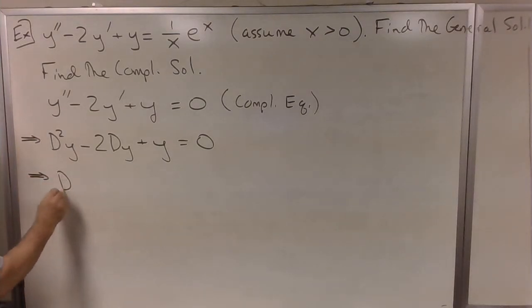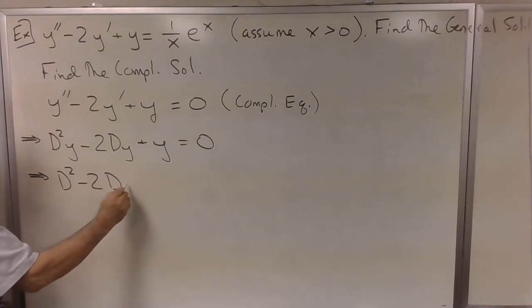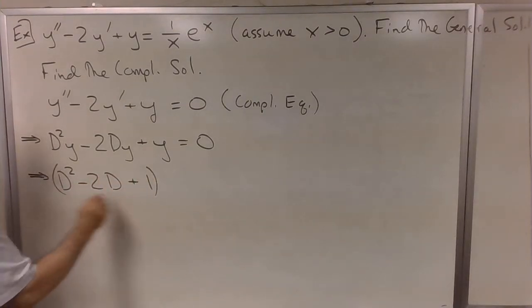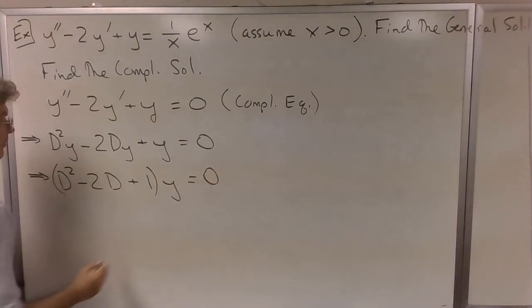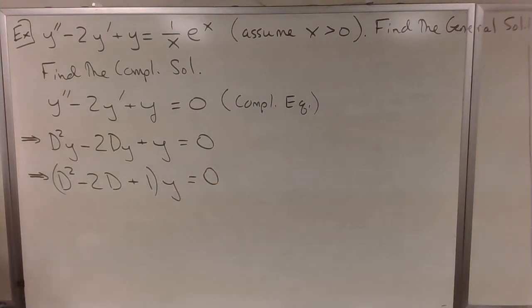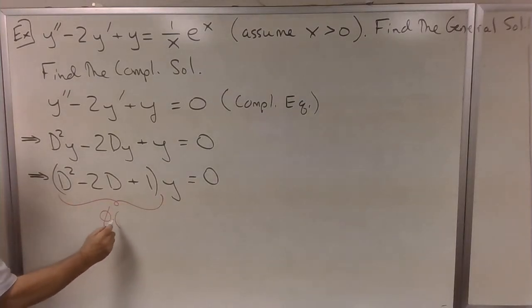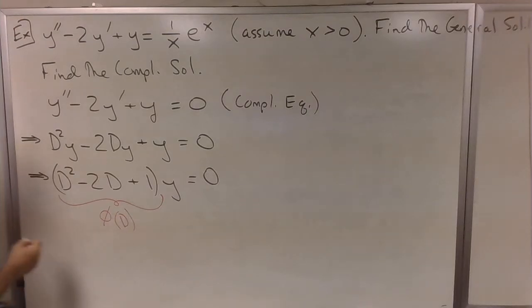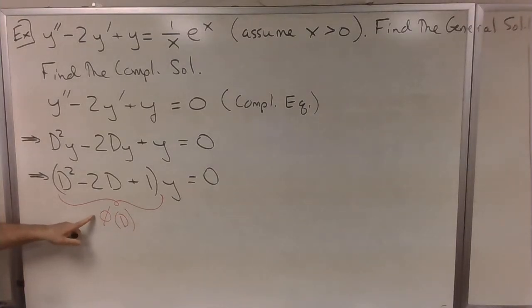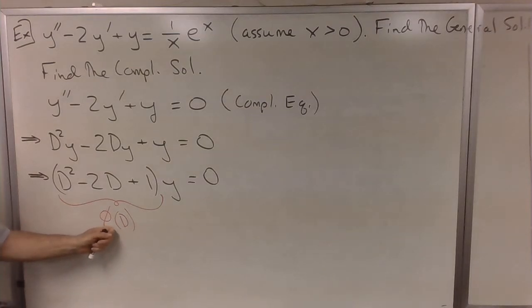Then we factor out the y. And upon factoring out the y, we discover the identity of the polynomial phi. The coefficient of y, or the cofactor of y, is this polynomial phi evaluated at d.